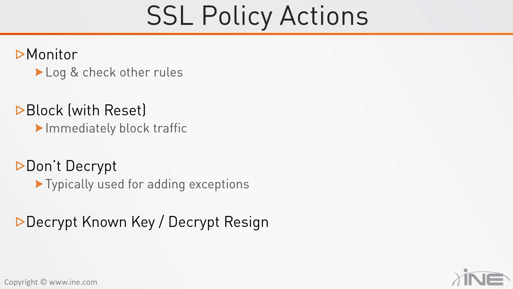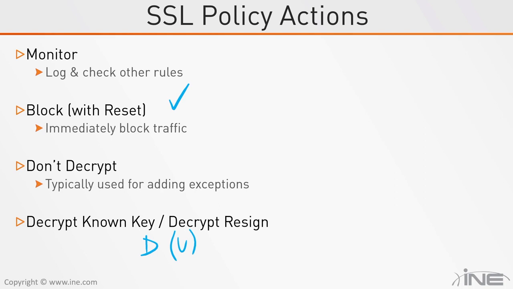There is no point in decrypting this because you know it's bad, so you will want to block immediately. Okay, some websites you don't know what they contain, you will want to do the decryption in this case. So here we just don't know the status of the content. We just want to make some additional inspection in the access control policy. That's why we do the decryption in the first place.